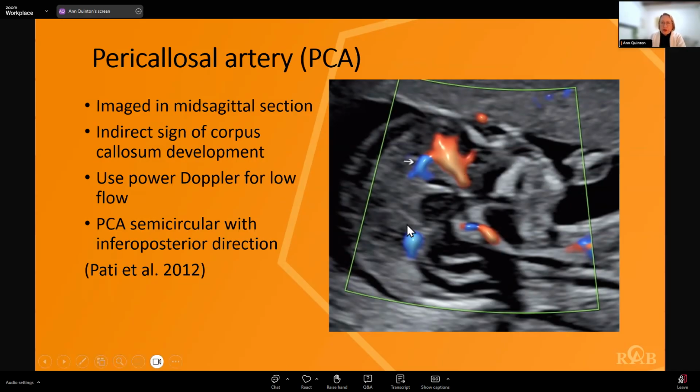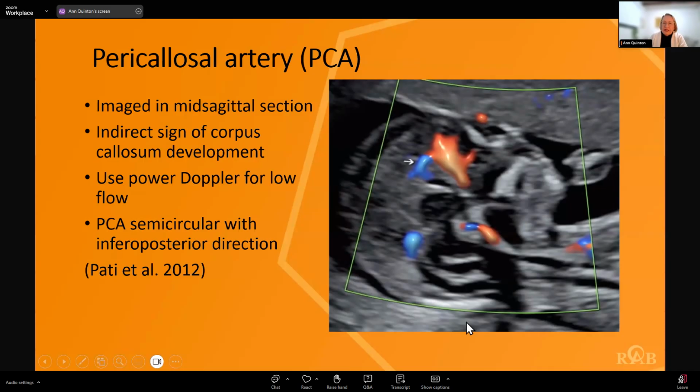So this is also imaged in the sagittal section, and seeing the pericallosal artery is an indirect sign of corpus callosal development. So this is the anterior cerebral artery here, and we can see this little blue vessel here, the semicircular vessel that runs posterior and inferior is the pericallosal artery.